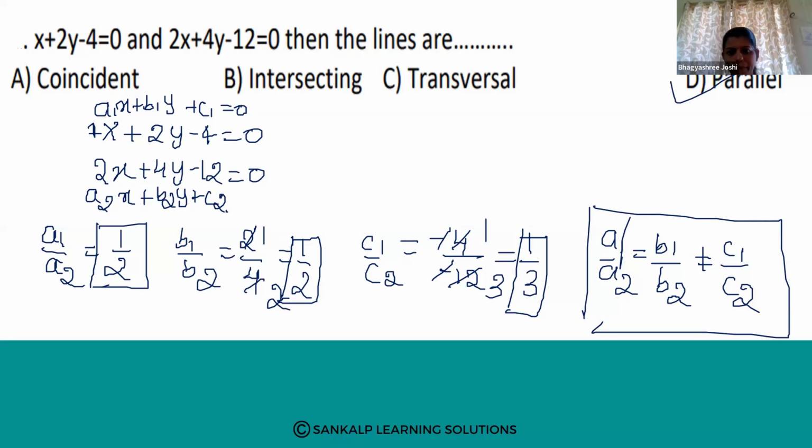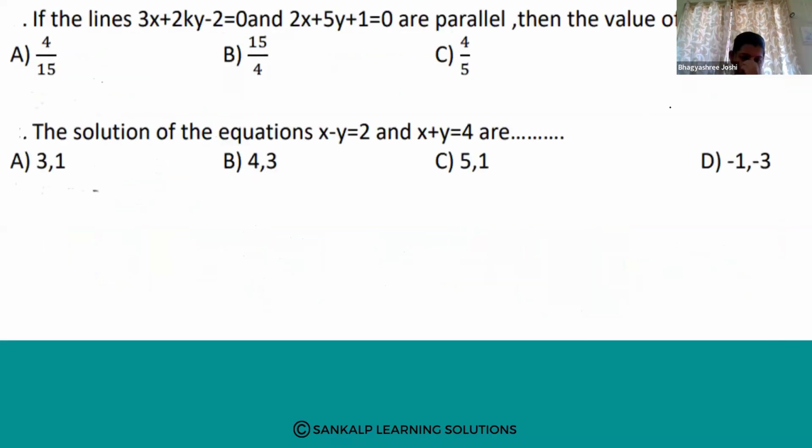So parallel. Okay. Next, if the lines 3x plus 2ky minus 2 is equal to 0 and 2x plus 5y plus 1 is equal to 0 are parallel, they have given us that the two lines are parallel. Then the value of k is, okay, 3x plus 2ky minus 2 is equal to 0.